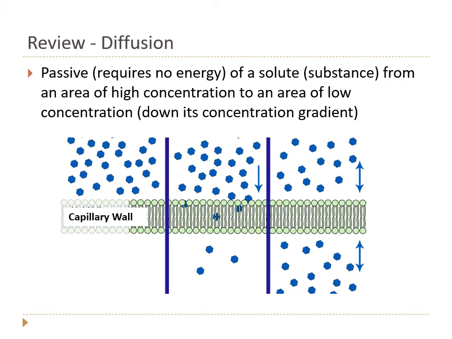So a solute, a dissolved substance, will move from a place where it's highly concentrated gradually down into a place where it is less concentrated. This will continue until the concentrations in the two are pretty much equal. Okay, so that's diffusion, movement of a solute, right? Glucose or oxygen.